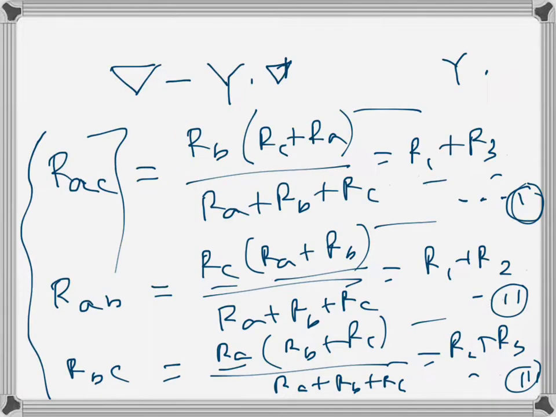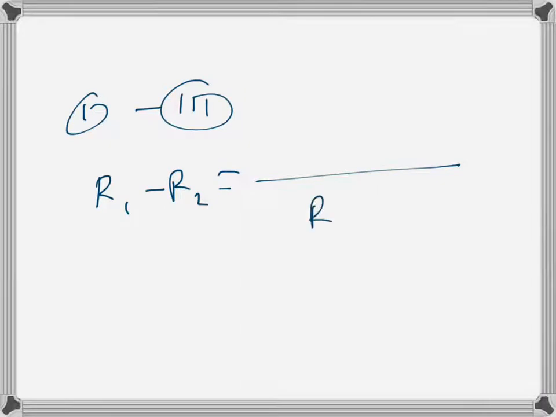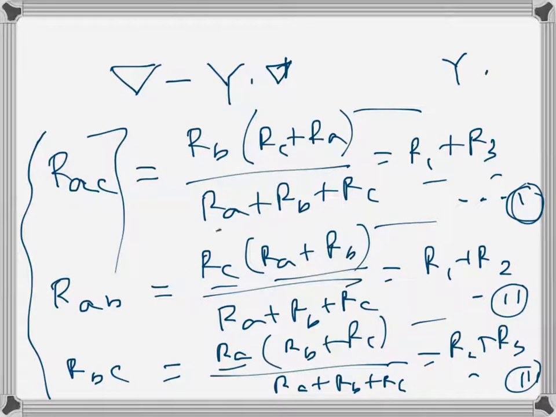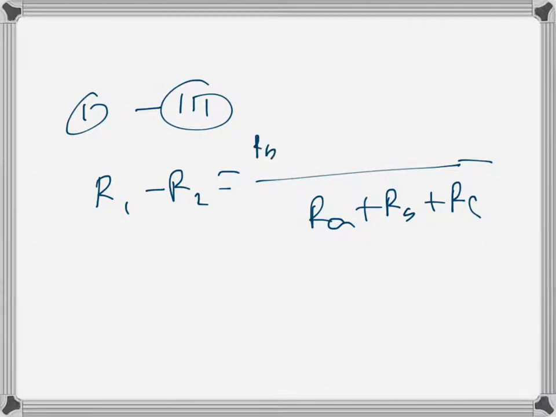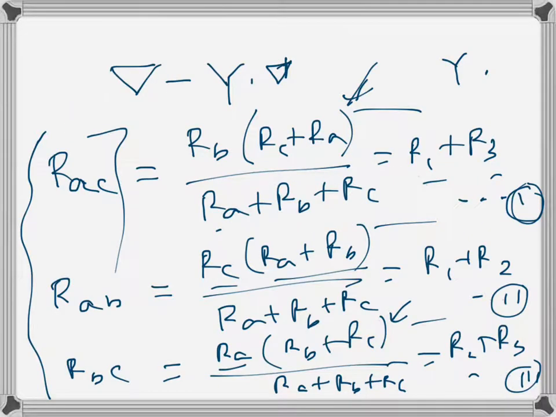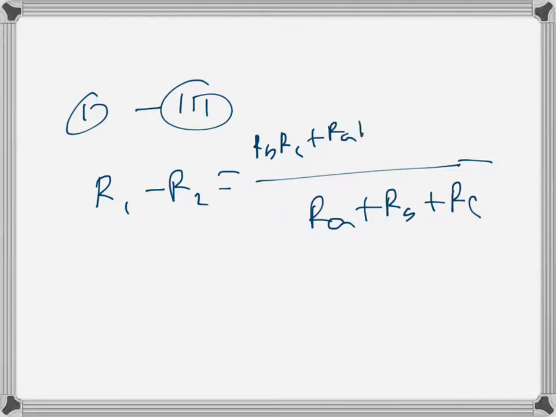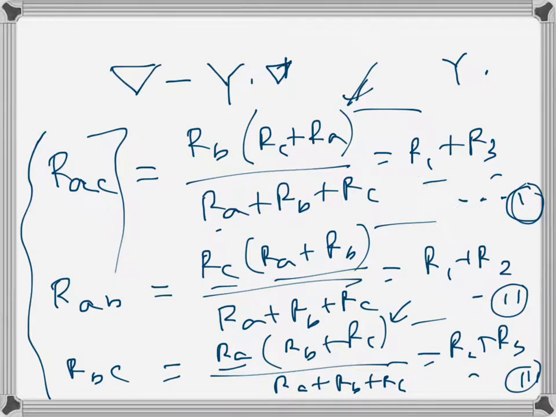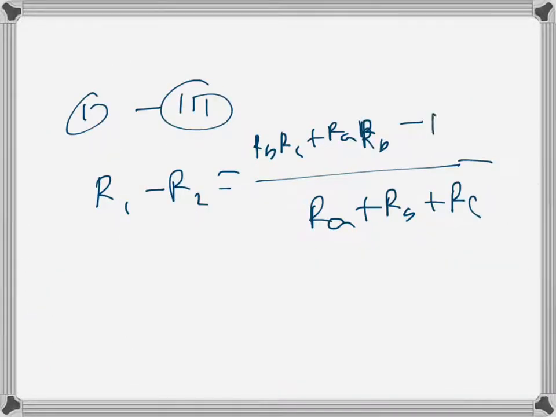And here the denominator will be the same, RA RB RC, because they are the same. So we just have to subtract the numerator of this one from that one. So RB RC plus RB, RB minus RC, minus RC basically.